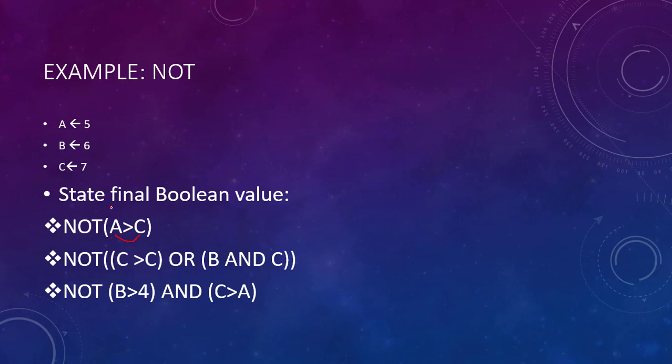So A is 5 and C is 7. If I do 5 greater than 7, you know that this is going to return false because 5 is not greater than 7. Now applying a NOT operator on false, this will give rise to true.